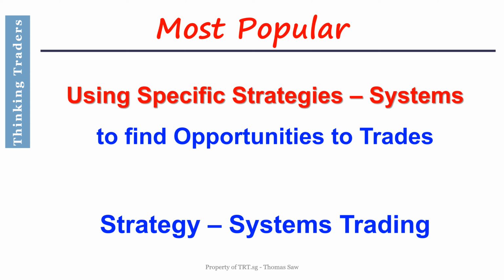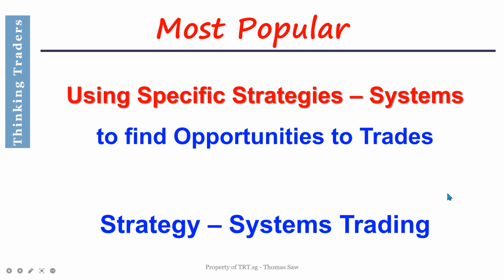So most of you are strategy traders, using strategies or systems to find opportunities to trade. We call this system trading. All my 7S or 8S or quick starter classes are strategy based. My thinking trader style, see monkey trade monkey, see elephant trade elephant, is no longer taught at the entry level.